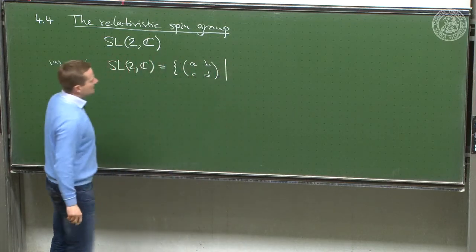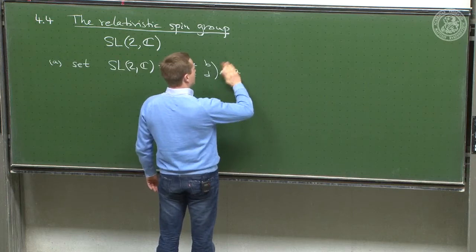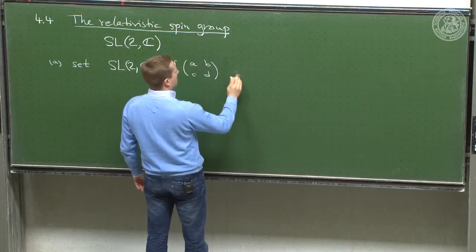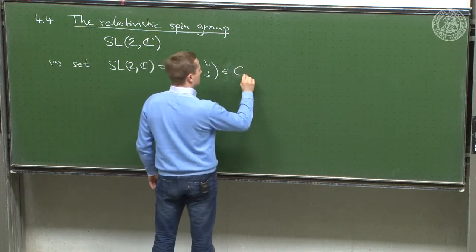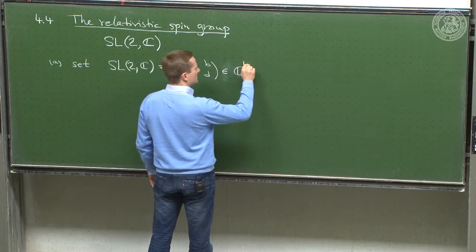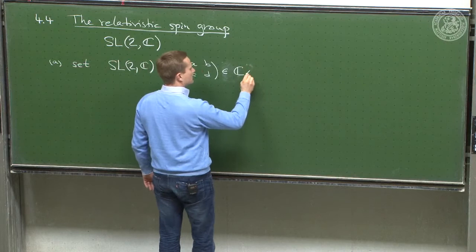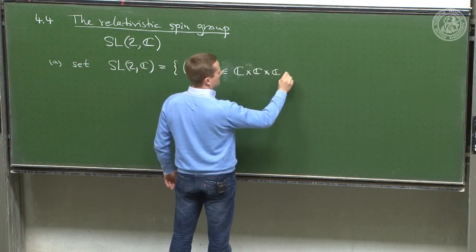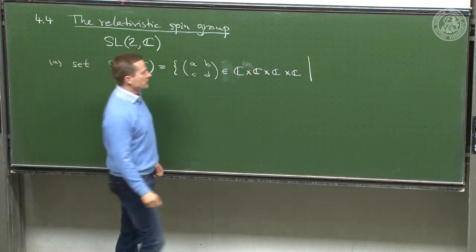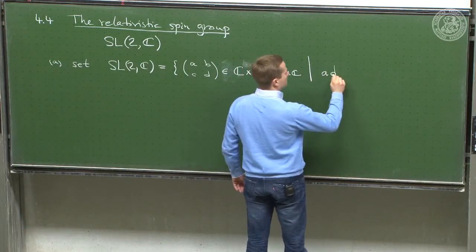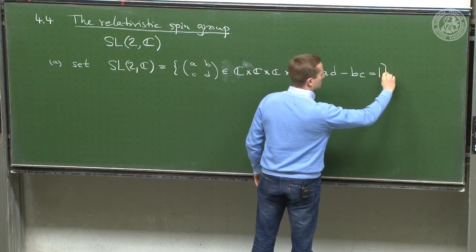And it comes with a condition. If it's a 4-tuple, it's an element of the complex numbers to the 4th, but that obviously means Cartesian product, Cartesian product, Cartesian product. But not all of these 4-tuples. I impose the condition that AD minus BC is 1.